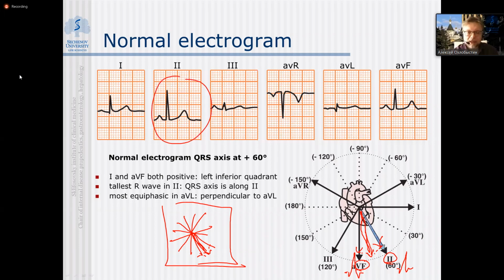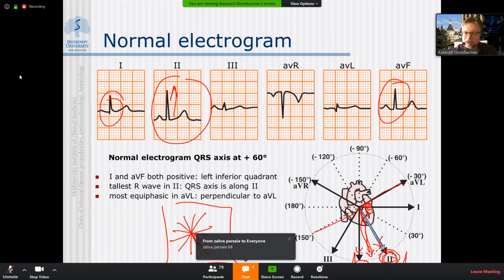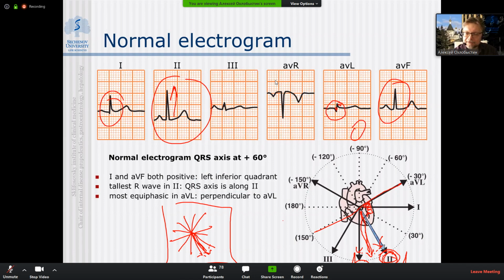For instance, if we get the highest positive deflection in second standard lead, higher than in first and higher than in AVF, it means that the vector is coinciding, as shown here by the blue vector, with the axis of the second standard lead, and being in the same direction as that axis, it is perpendicular to the AVL, because the AVL axis is perpendicular to the second lead, and therefore the total projection, taking into account negative and positive phases, will be zero in that case.